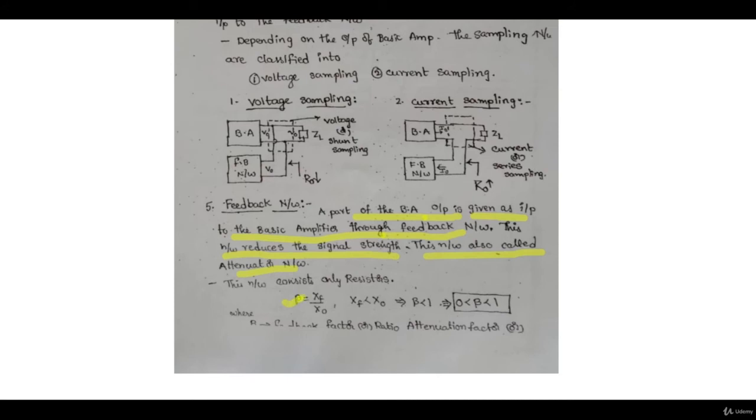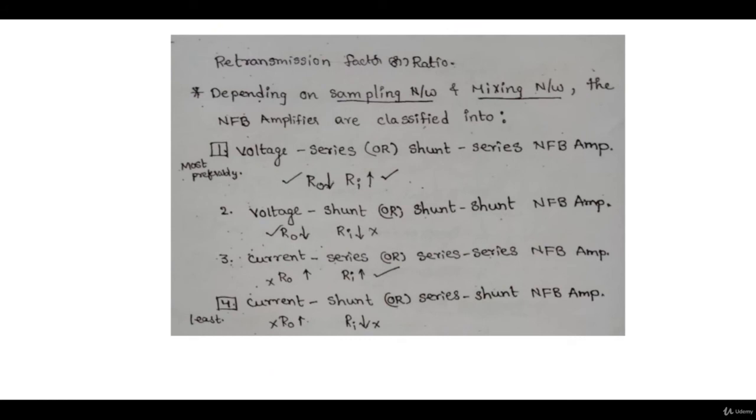Beta, which is the transfer function of the feedback network, is xf divided by x0, where xf will be less than x0, hence beta will be less than 1. So beta will have a value between 0 and 1. Beta is called the feedback factor, attenuator factor, or retransmission factor. This is how we define it.